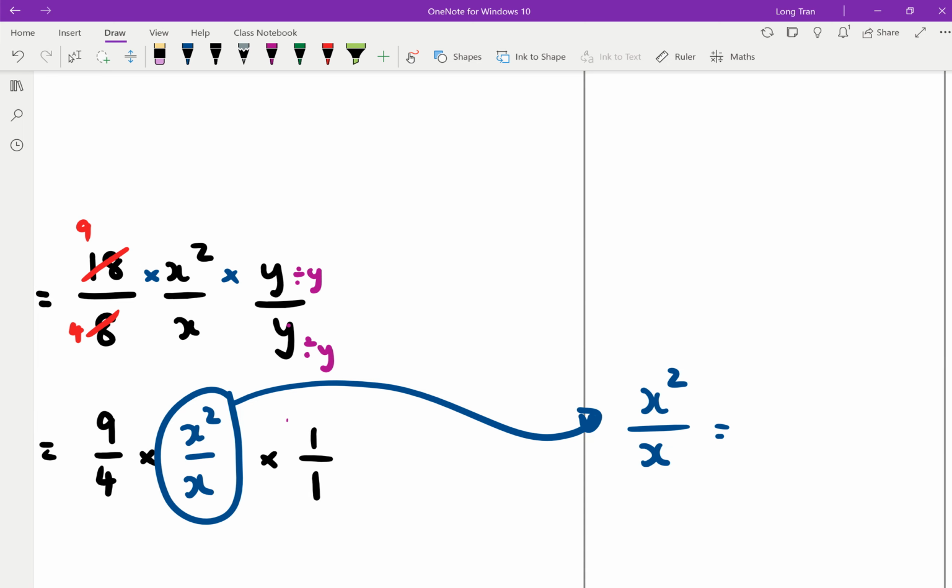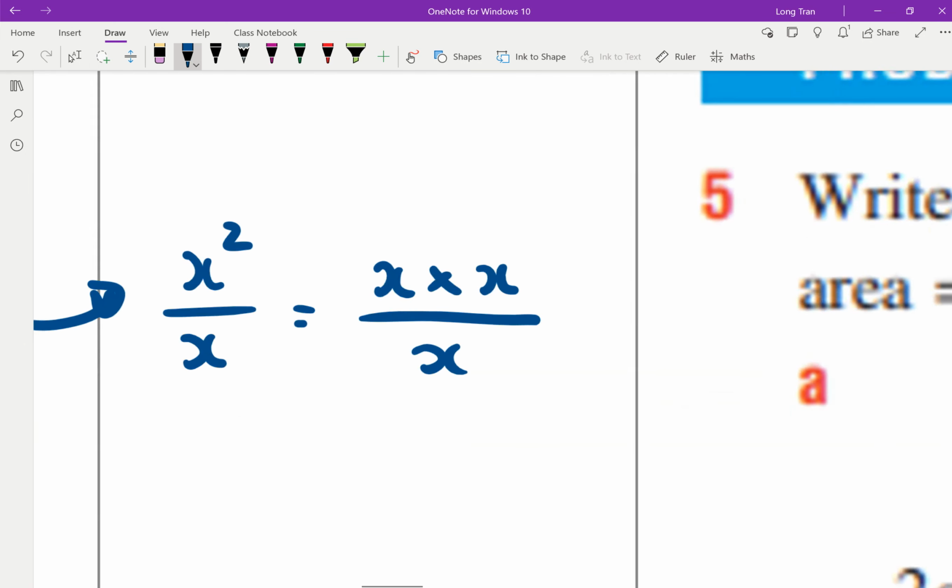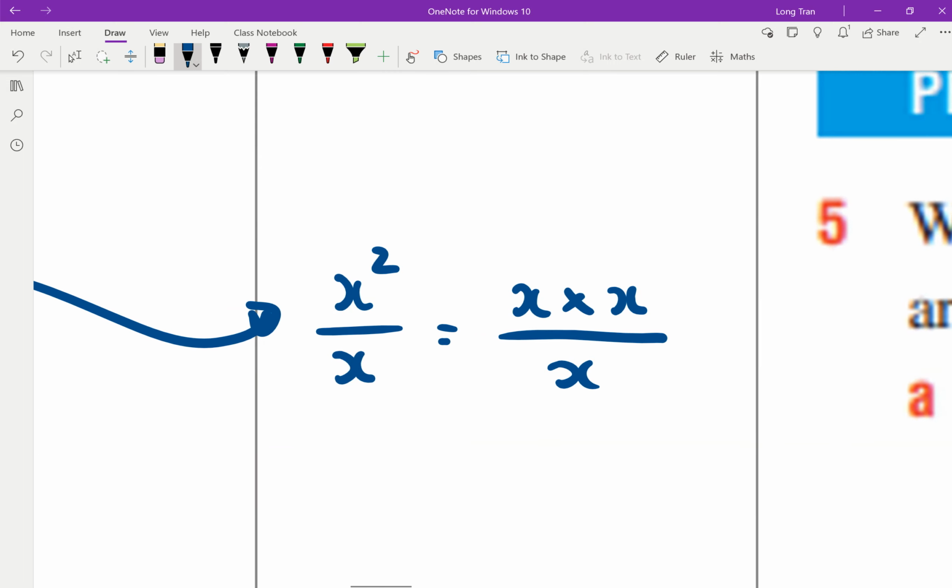Well, x squared, if I ask you, what does x squared mean? Okay, no, it's not 2x. A lot of students think x squared is the same thing as 2 times x. It's not. X squared is x times x, right? And you're now dividing it by x, 1x on the bottom. Using fractions, x times x over x, you can actually split up the fractions.